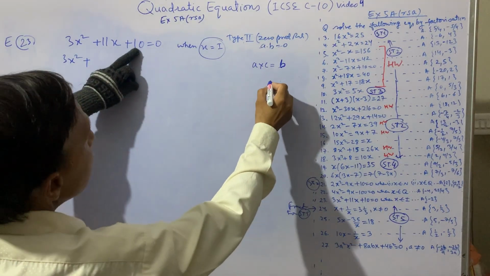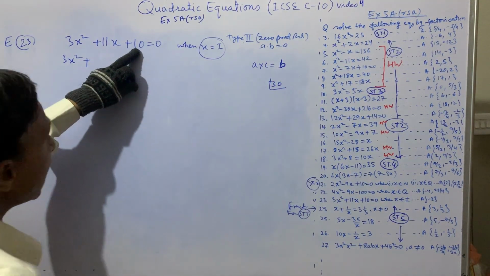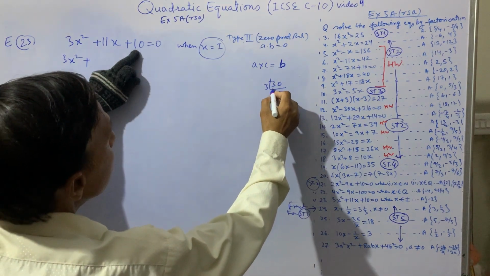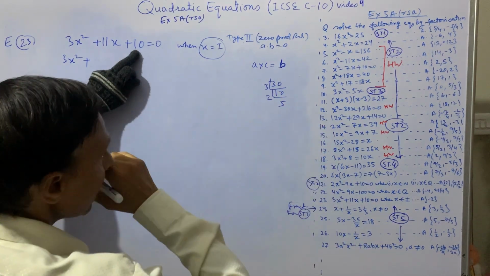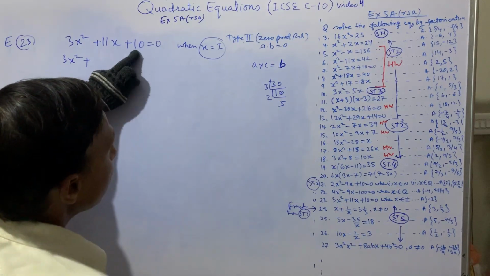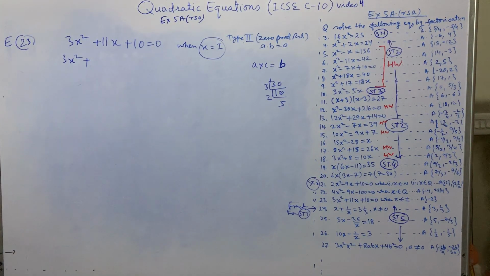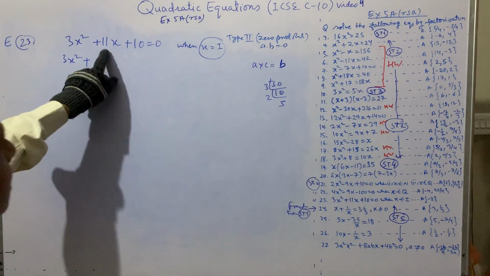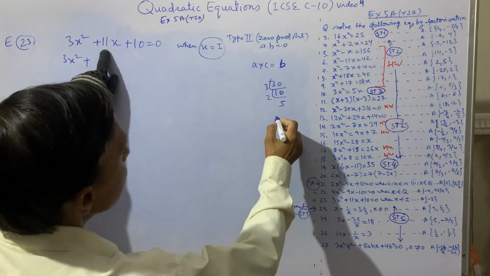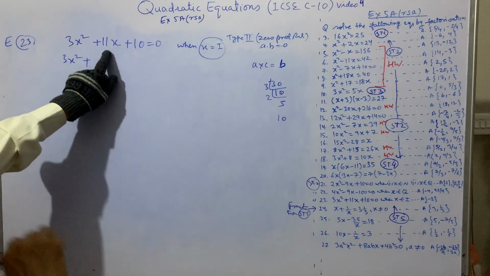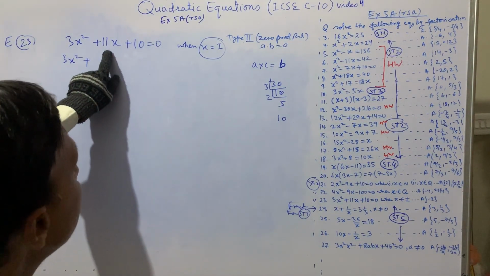So in this way we do 3 into 10 is 30, and on taking out its prime factors we get 2, 5, and factorize the 10. Now to get 11, the addition should be 11.